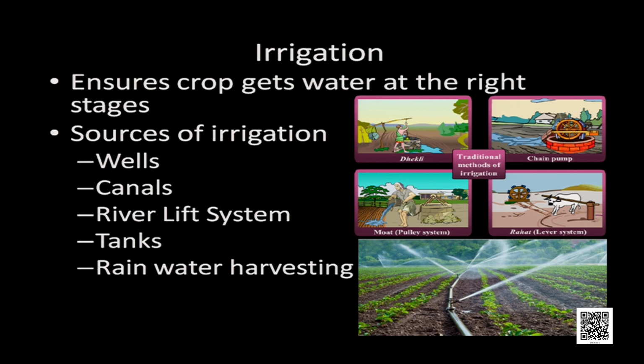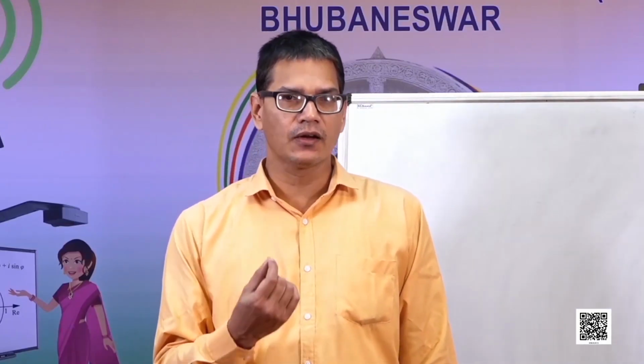The sources of irrigation in India are wells, canals, river lift systems, tanks, and one more thing, rainwater harvesting. And for encouraging sustainable practices, we must adopt rainwater harvesting.